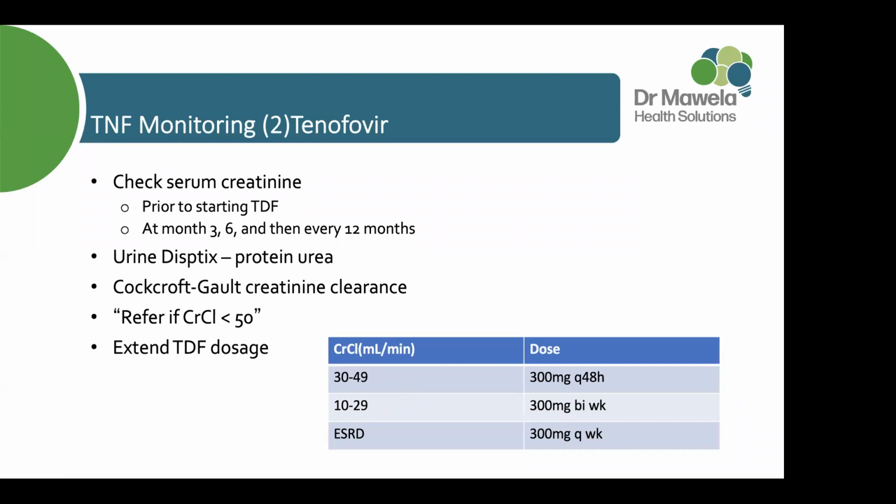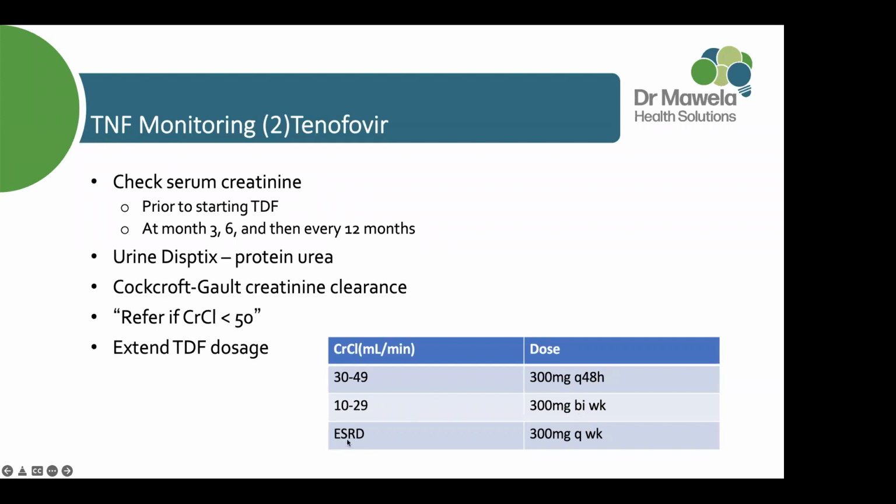Maybe they have hepatitis B, it's a very complicated case, but then you would need to renal dose adjust your dosing. Remember, under normal circumstances, we give it as 300 milligrams daily. So if the creatinine clearance is between 30 and 49, you would rather give TDF every second day. If it is 10 to 29, you would then give TDF twice a week.